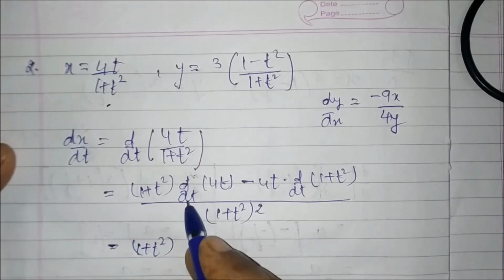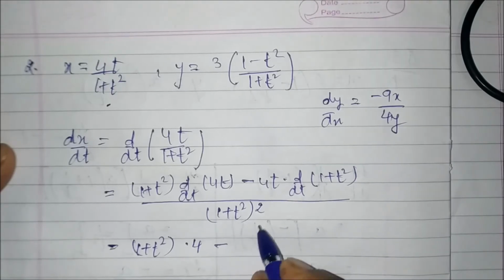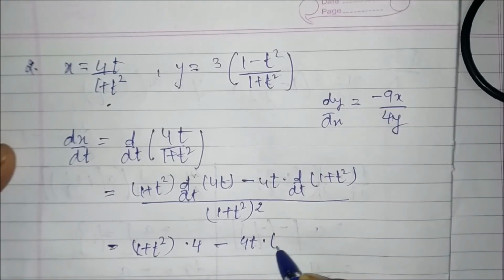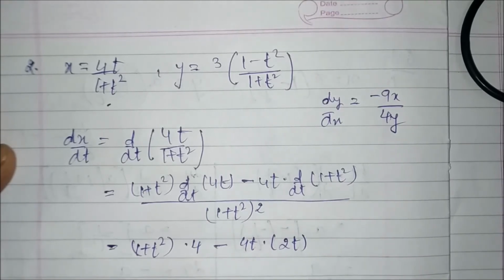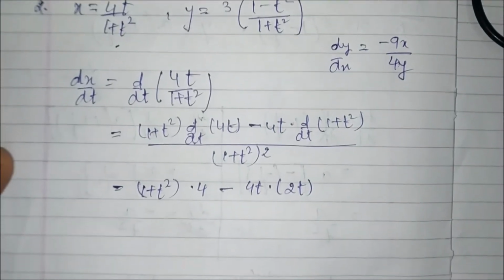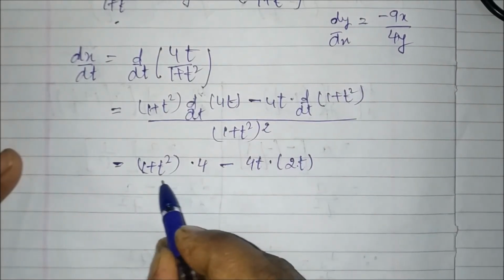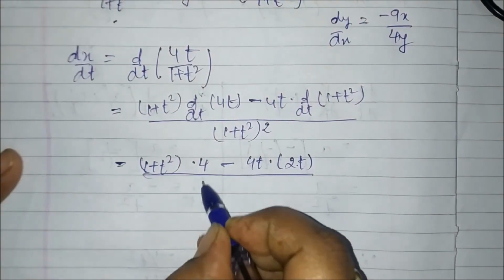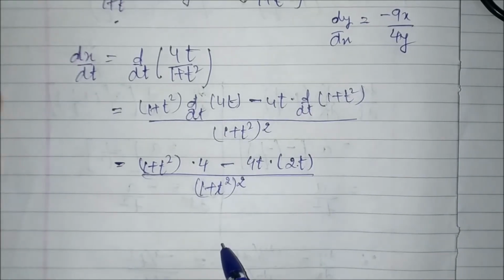Now d by dt of 4t is 4, minus 4t into d by dt of 1 plus t square is 2t, as derivative of 1 is 0 and derivative of t square is 2t, upon 1 plus t square whole square.